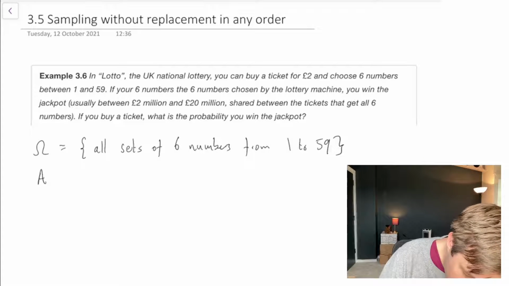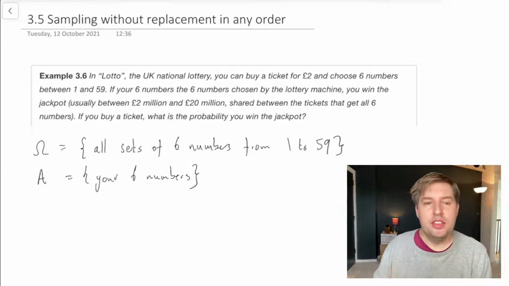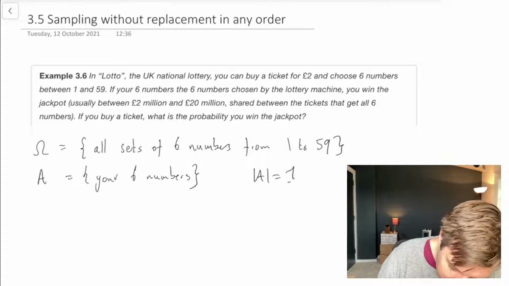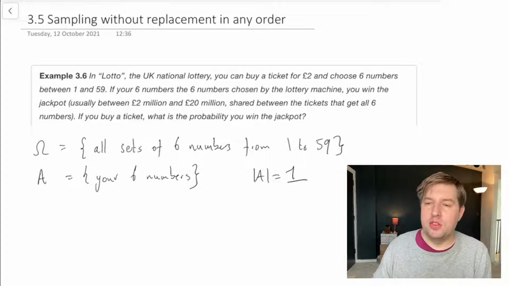And then the event A is your 6 numbers that you picked on your ticket. So the first obvious thing is that the size of A is 1, right? You just bought 1 ticket, and so you've only got 1 chance of winning. The difficult question is, what's the size of omega here, the sample space?